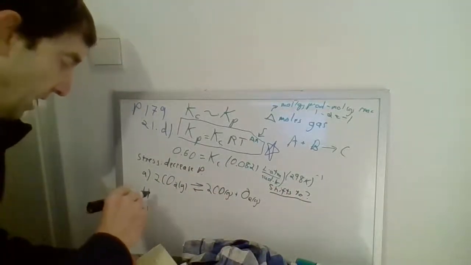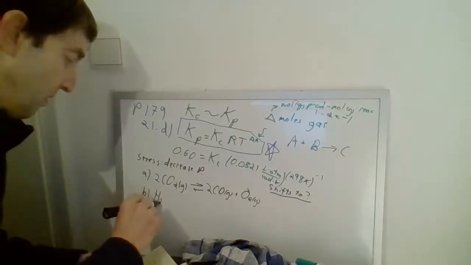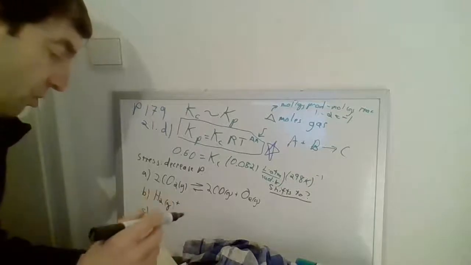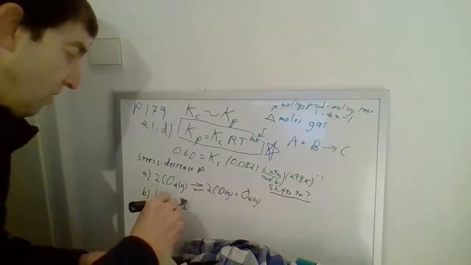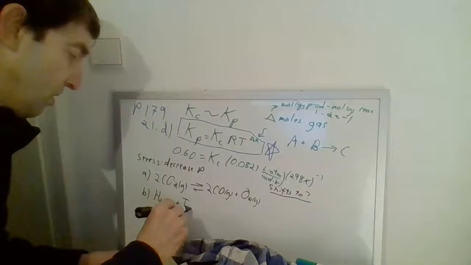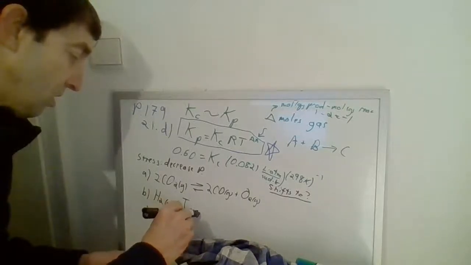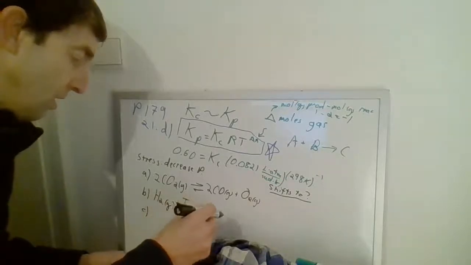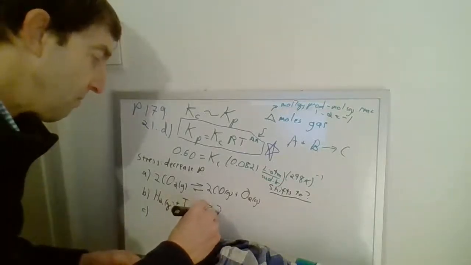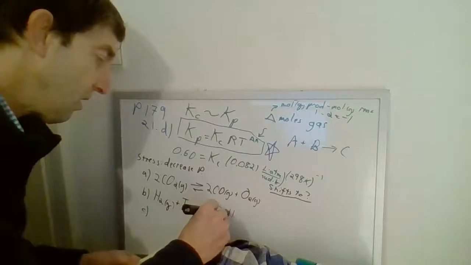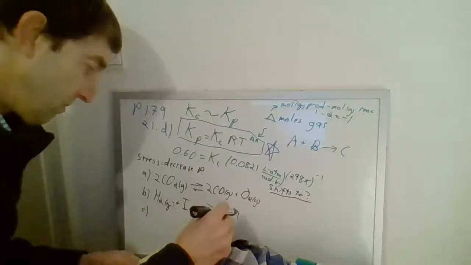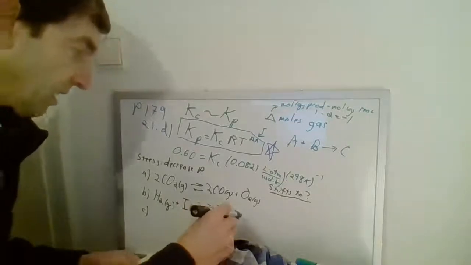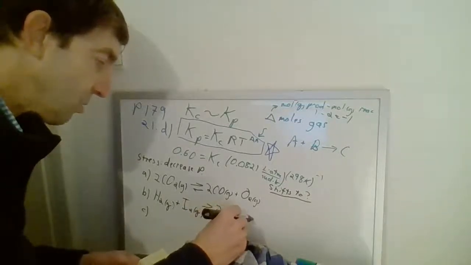H2 plus I2, and I2 is a gas here. Often it's a solid at room temperature, so it must not be room temperature. And it makes 2HI, kind of a happy little molecule. Friendly at least. And that's a gas as well.